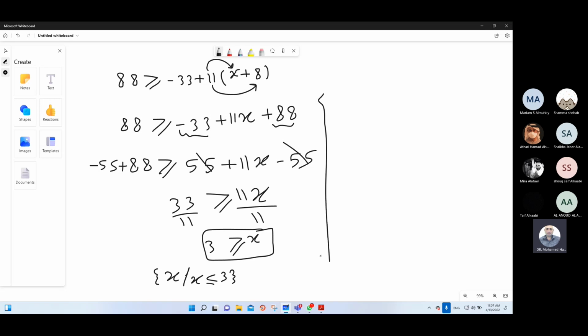And the graph of this inequality, represent 3. And as you see, you have in the sign equals, means 3 is included in this value, so draw a shaded circle.